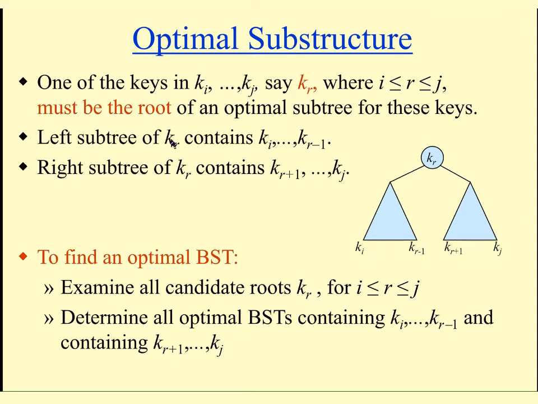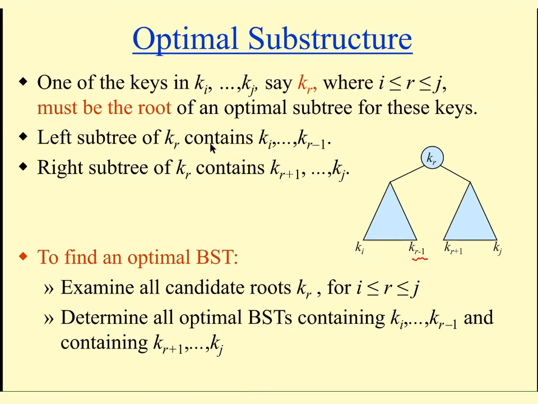Let's assume the left subtree of kr contains ki to kr minus 1. It must be r minus 1 because they're already sorted. All the values below kr must be on the left, and the others must be on the right.